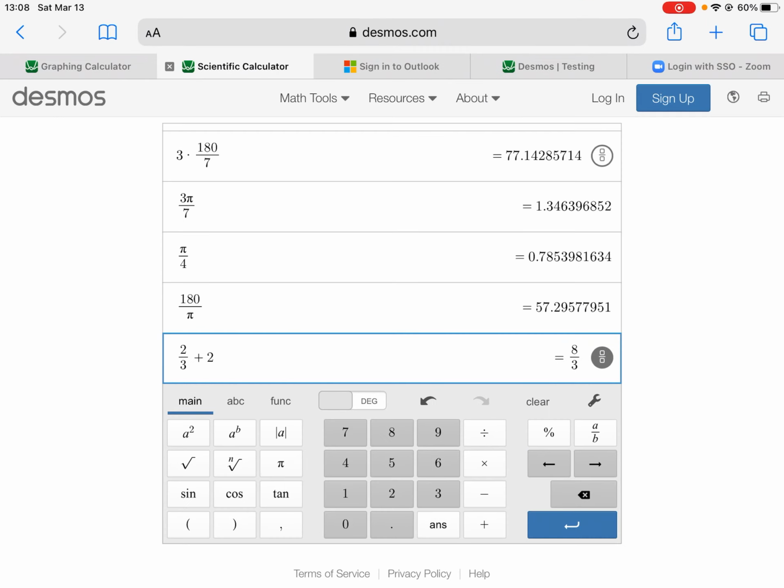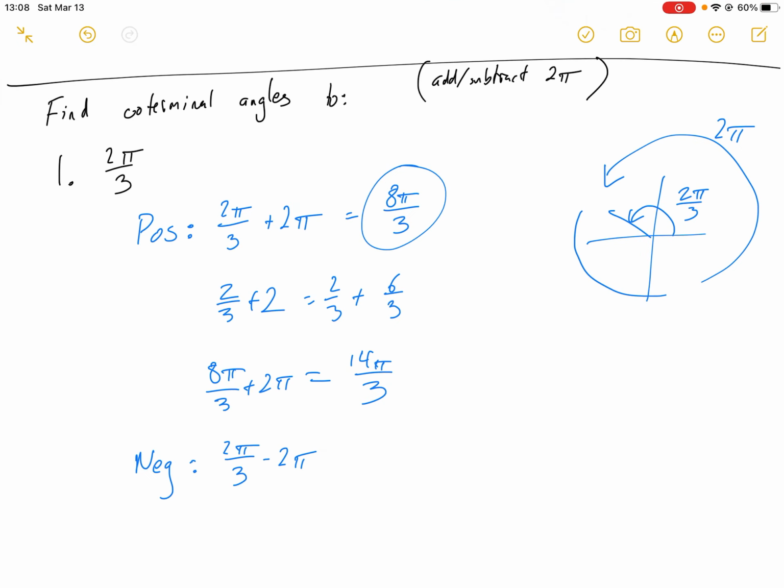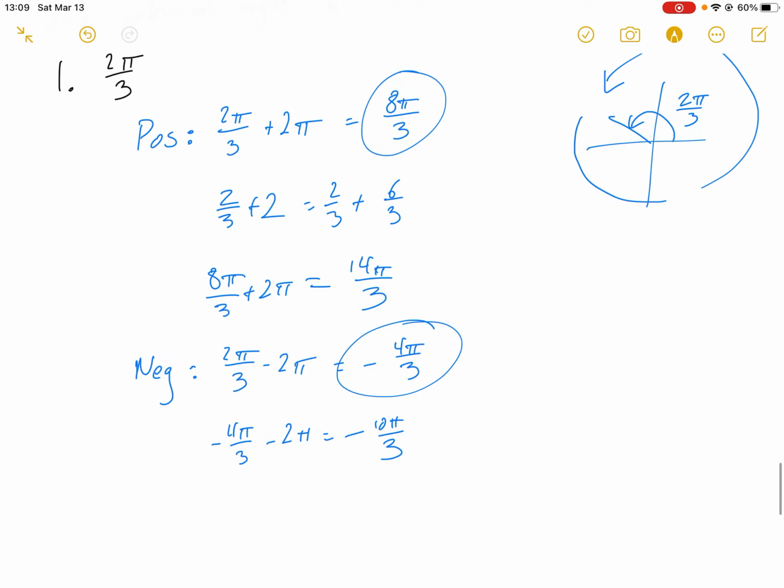And I'll do this the same way. I'll just take my 2/3, and I'll go ahead and subtract 2. And so I get negative 4/3 pi. And so I've now found two coterminal angles, and you could keep going with that. You could keep subtracting 2 pi if you really felt like it. And so there's actually infinitely many coterminal angles to every point.